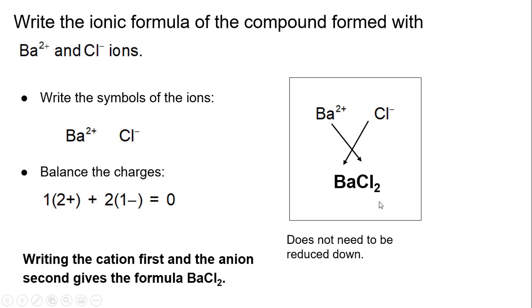Bring down the 2 plus to the chlorine, which is now chloride, and bring the negative down here. This is the compound, barium chloride. There's no mention of the 2 or how many. The name is just barium chloride. Cation is always written first, anion is always written second, and then you crisscross, bring them down. Nothing to reduce. If you do the math, you will see that this actually balances out.